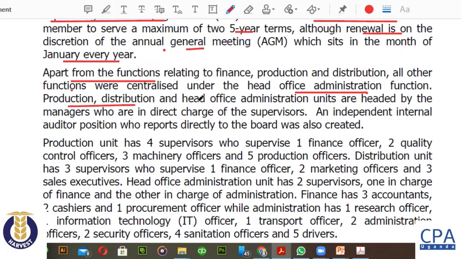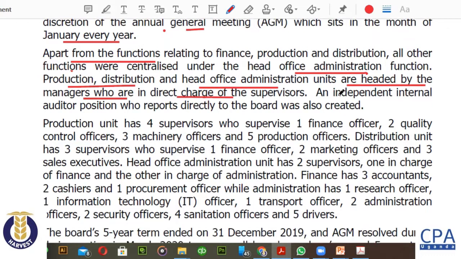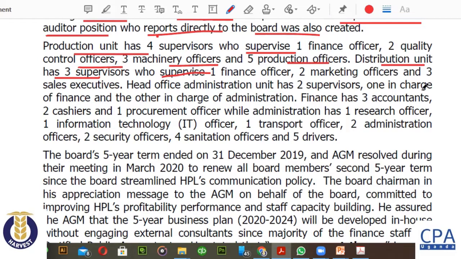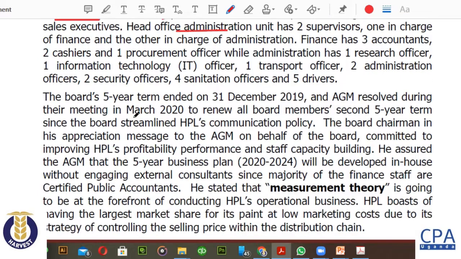Production, distribution, and head office administration units are headed by the managers, who are in the direct charge of the supervisors. An independent internal auditor position who reports directly to the board was also created. So we are given a lot of information here regarding the structure, head of office, IT, and so on.